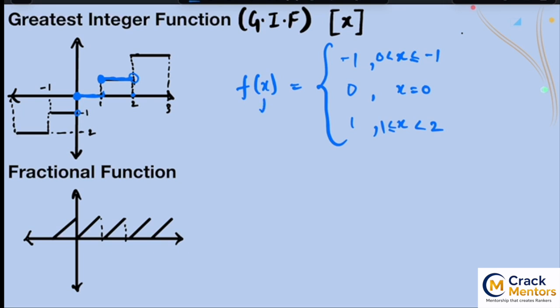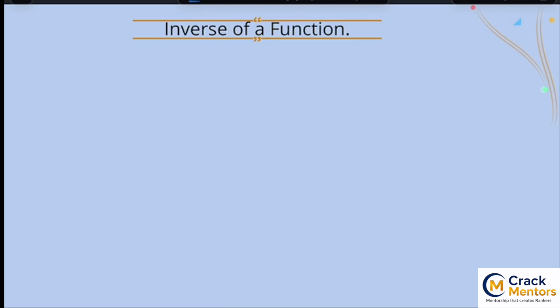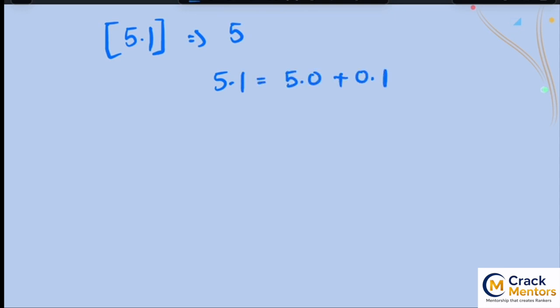It means it takes only the integer part of the number. For example, if I say greatest integer of 5.1, it will be 5, because 5.1 can be written as 5.0 plus 0.1.